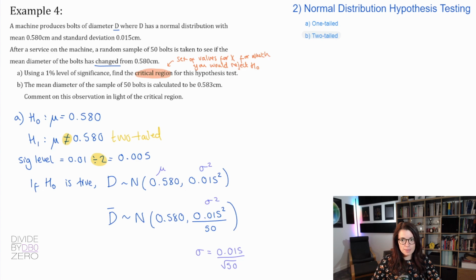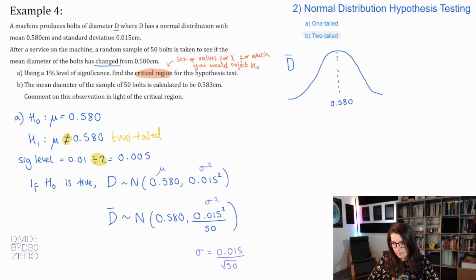Now if we draw a bell-shaped curve for D bar to visualize what's going on, we know the mean in the middle is 0.580. We want to find the critical region. It means we want to find the two values for which the probability on either side is 0.005. So if we just highlight those parts, each of these probabilities needs to be 0.005.